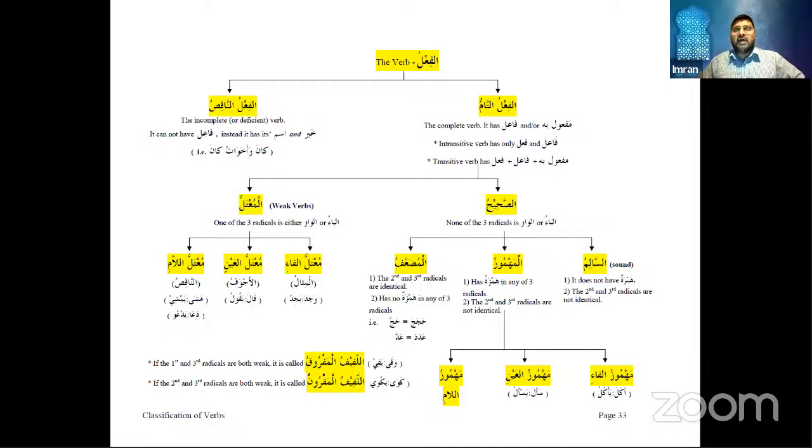And the action of kana is the opposite of inna. It enters a nominal sentence and it does the opposite action of inna. Inna changed the ism, the mubtada, to mansoob, became inna Zaydan, and the khabar remains marfu, waqifun.